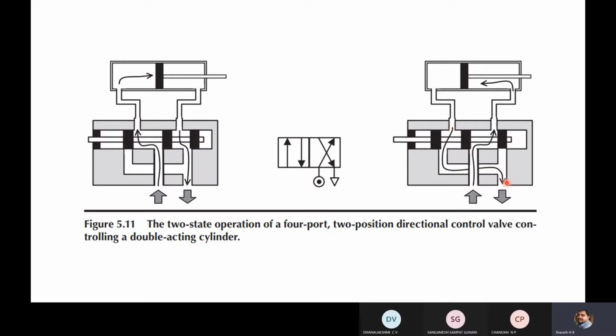This is one connection, and another connection will be like this. From this port to this is one connection, and this is another connection. During this, air will flow from manifold block, and through this inlet it will flow to this end of the cylinder. Because of that, retraction stroke takes place. During retraction stroke, again air that is entrapped or collected inside the cylinder will come out from this port through this.